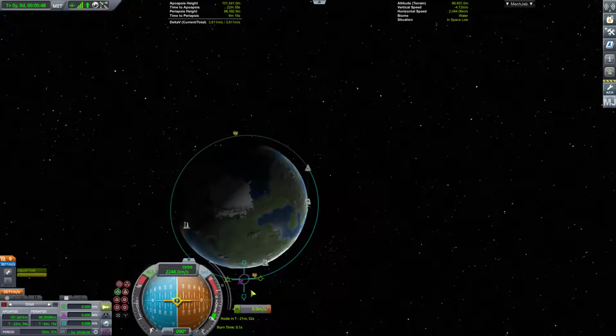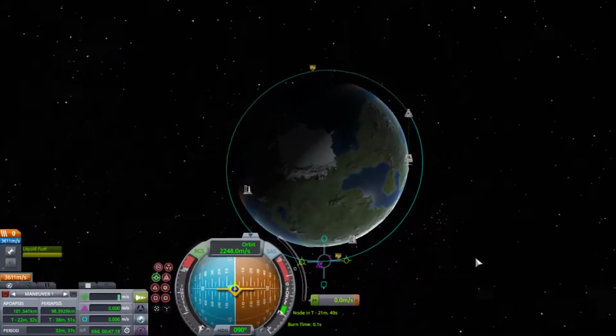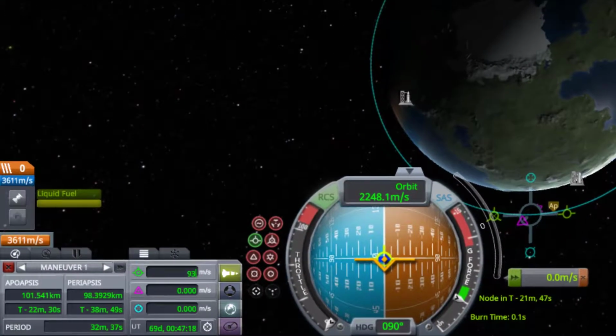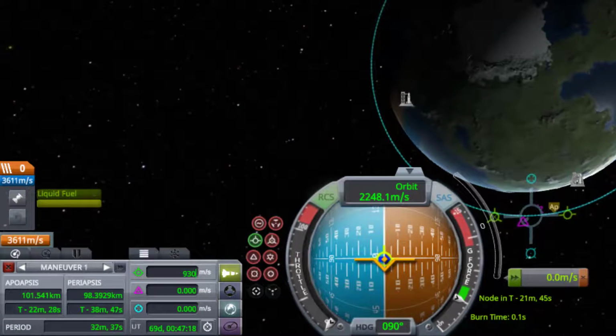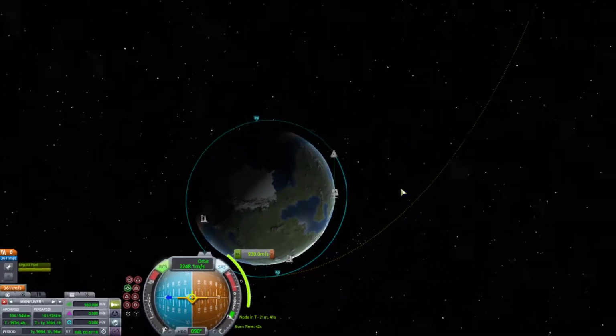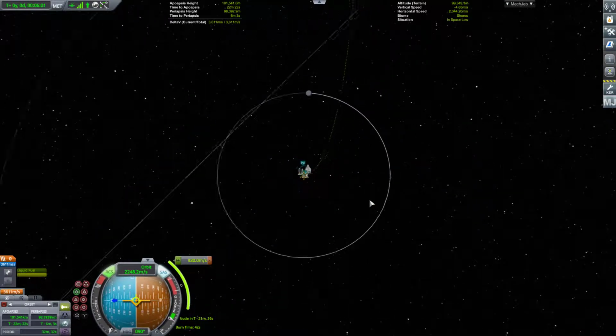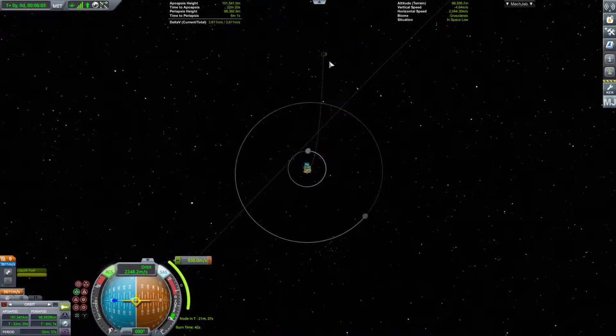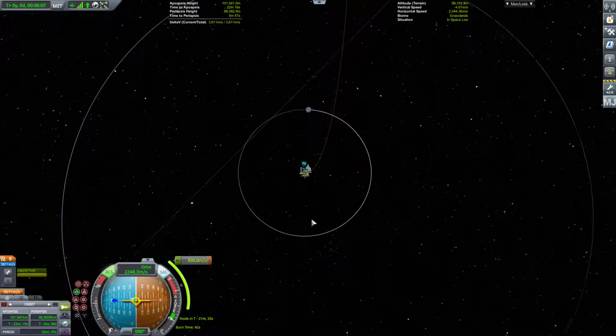Now I'm adding a maneuver to increase the speed by 930 meters per second. And here's the point in the trajectory where we will escape Kerbin's gravity.